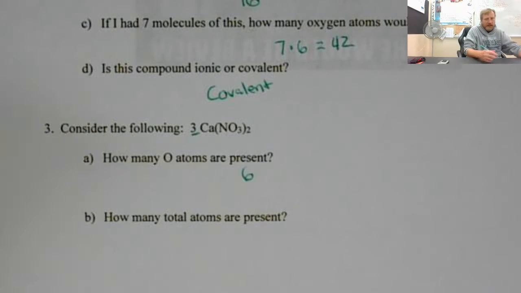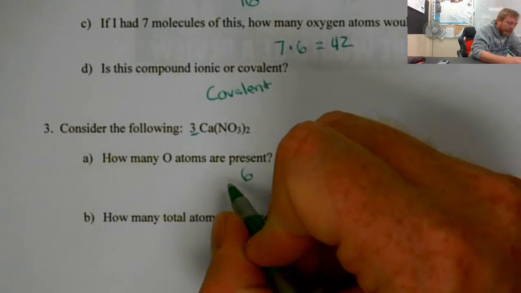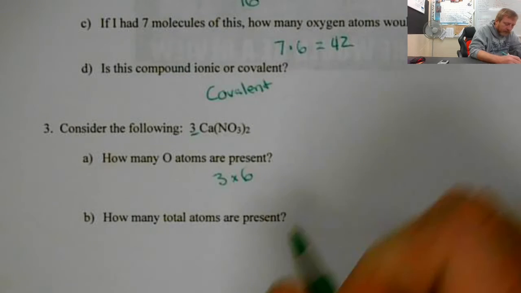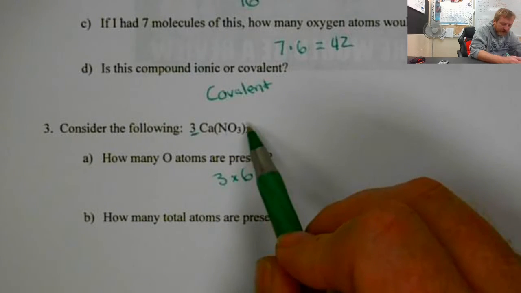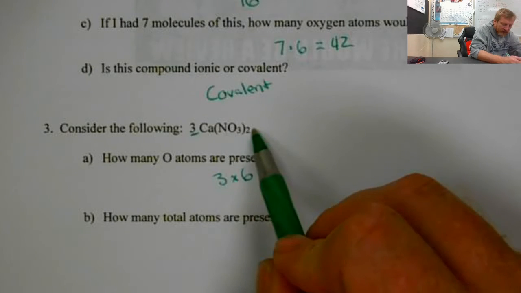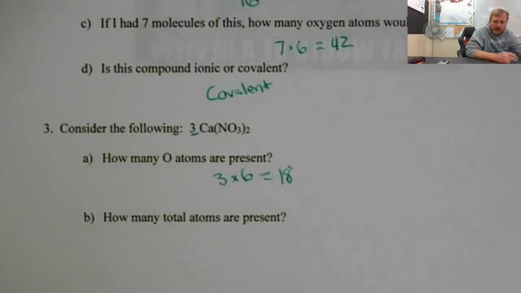This actually isn't a molecule, but a formula unit for an ionic compound. But we have 3 of them, and each one has 6 oxygens. Multiplying the 2 by the 3 gives us 6. Multiplying that 6 by this 3 gives us 18, so we would have 18 total oxygen atoms.